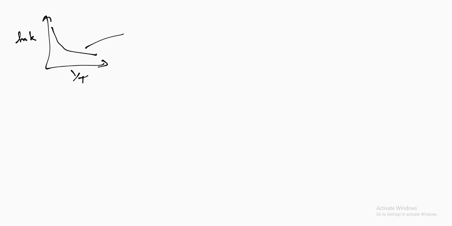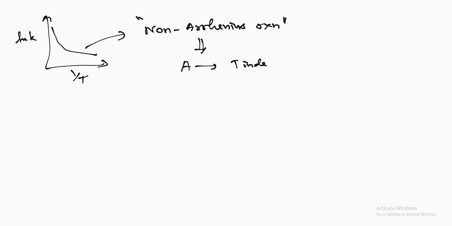We call those chemical reactions non-Arrhenius reactions. Let us assume that for a particular non-Arrhenius reaction, A is temperature independent. What is A? The pre-exponential factor, which is temperature independent.